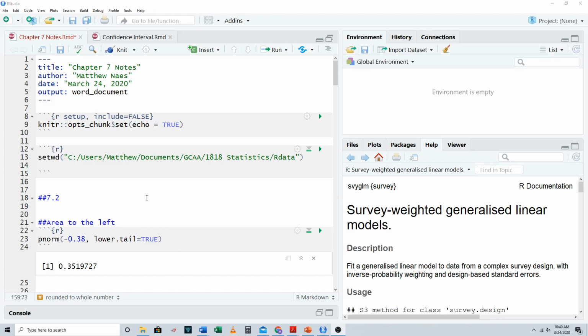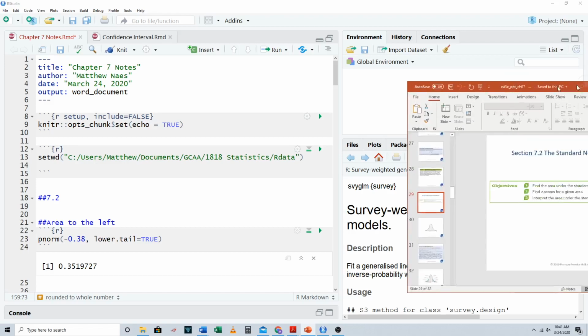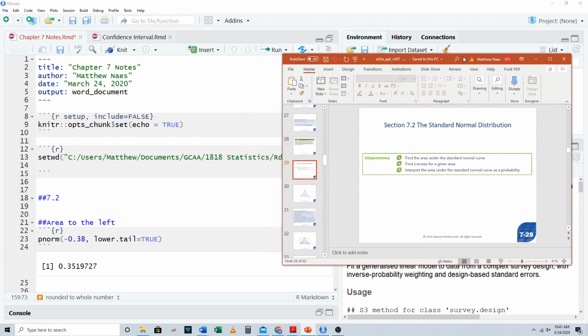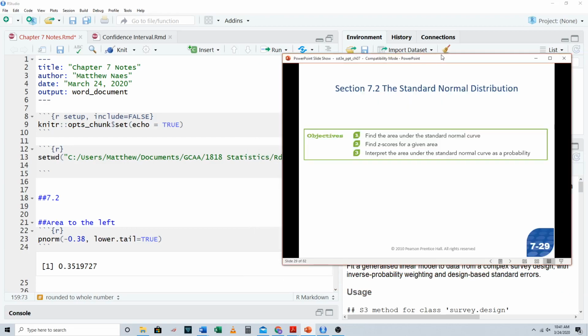So here we go. Let's go back to the PowerPoint where I said I would start this, when we started seeing them use the chart. So let's see here. I'm going to bring this over a bit. There we go.